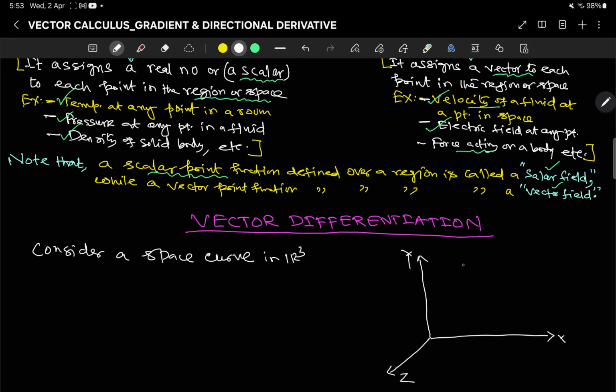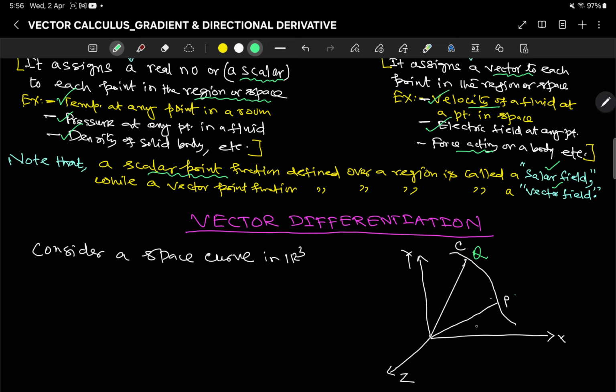Suppose C is a curve here. Let C be the space curve. Now let P be a point on this curve C, and let Q be another neighboring point here.